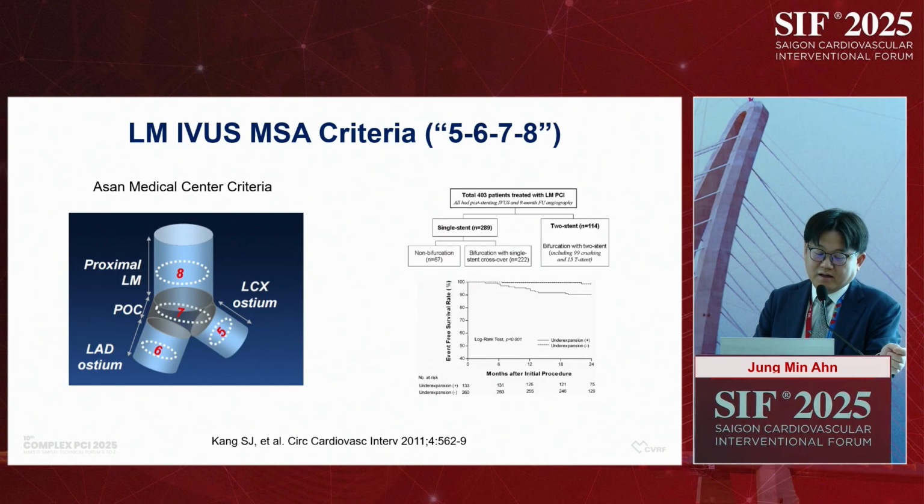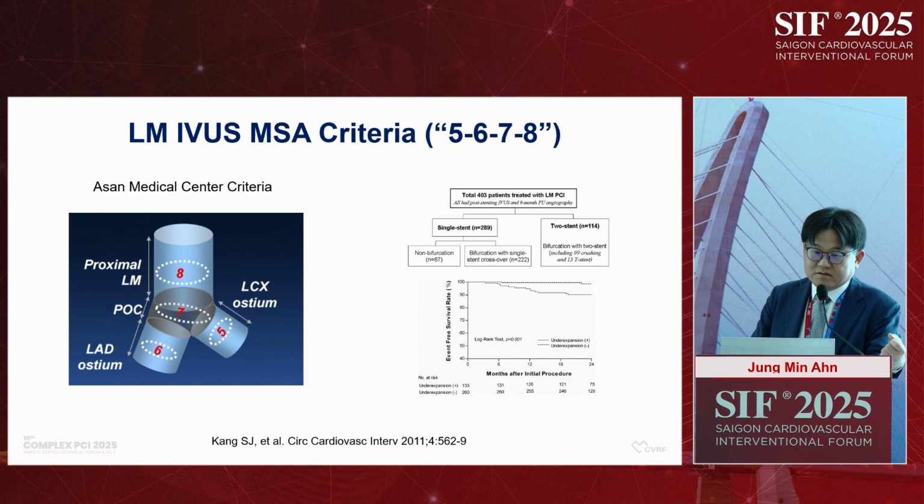Previously, at our hospital, Professor Kang presented very famous numbers: 5, 6, 7, 8. That is 5 for circumflex ostium, 6 for LAD ostium, POC 7, and left main 8. This criteria is very popular, but it came from a very heterogeneous population, including simple crossover and two-stent bifurcation stenting.